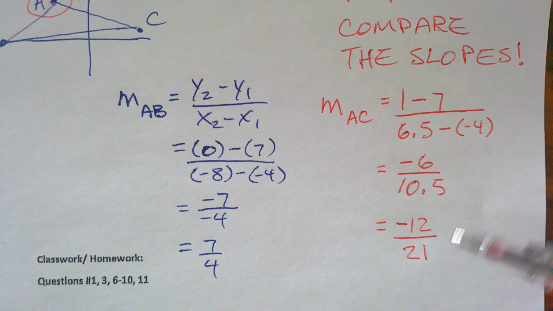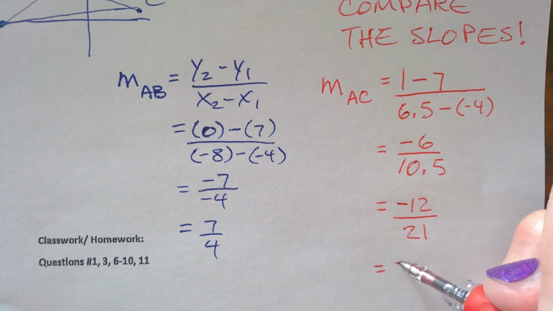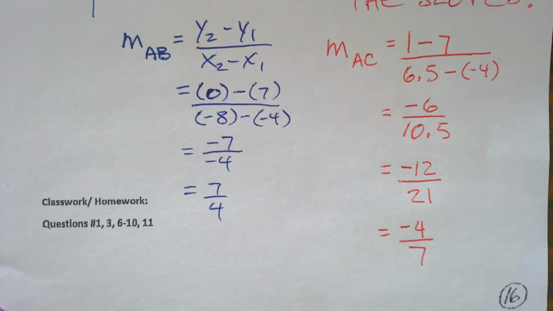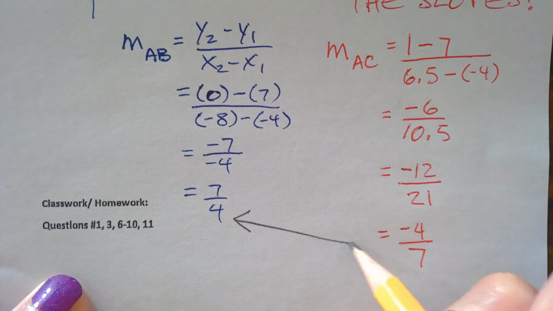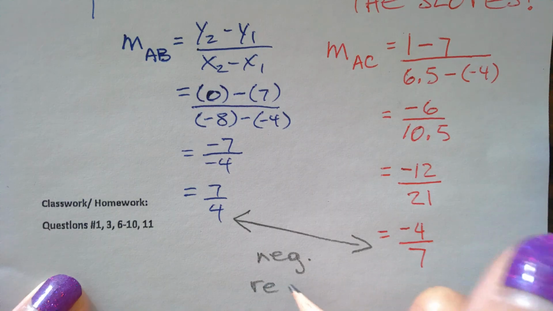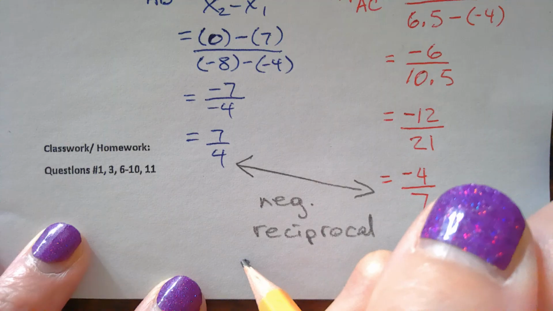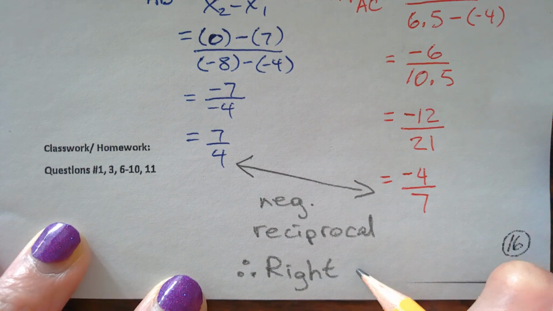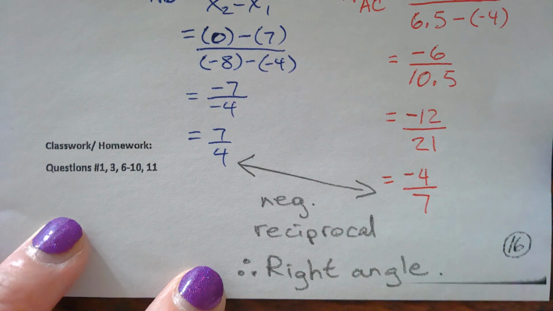Can I reduce this? Yeah, with 3. So what do I get? -4 over... Oh! So are they negative reciprocals? Yes. Which means it is a right triangle, because one of the angles is 90 degrees, a right angle. So it's a right triangle.